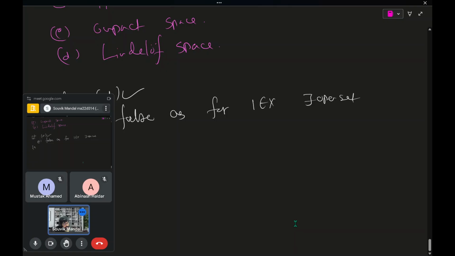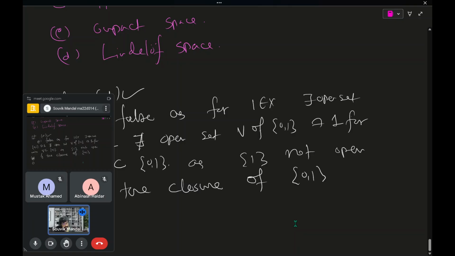Option B, why? Because the singleton {1} is not open and the closure of {0, 1} containing 1 does not contain it.